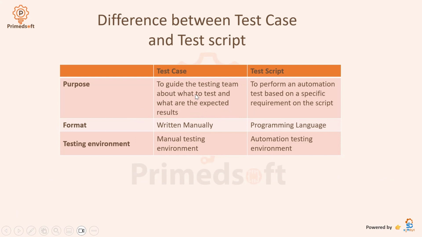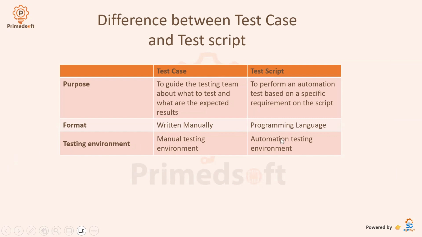This is for manual testing, which you'll start doing as soon as we're done with this section. Our test script is used to perform automation tests based on specified requirements. The test case format is written manually, while a test script is written with the use of a programming language and a test framework.